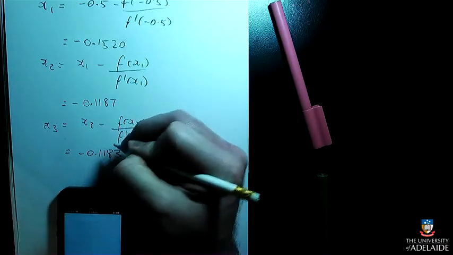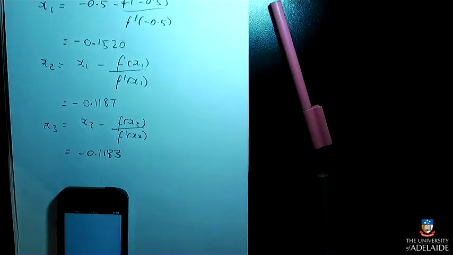One 183 looks like our third. We're up to our 3 decimal places now. I just want to do it one more time before I'm sure.